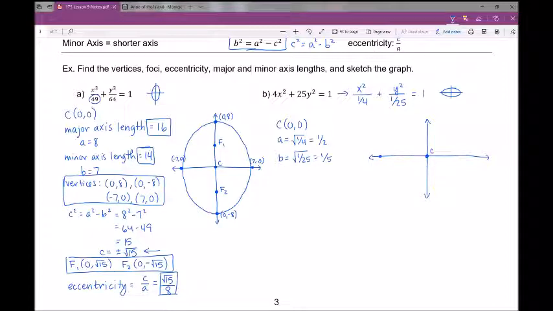So this point will be (-1/2, 0). The point to the right will be (1/2, 0). Going up, we need to go up a distance of 1/5. So this point will be (0, 1/5). And going down, this point will be (0, -1/5). Okay, so those are our 4 vertices. So let's go ahead and write those down.